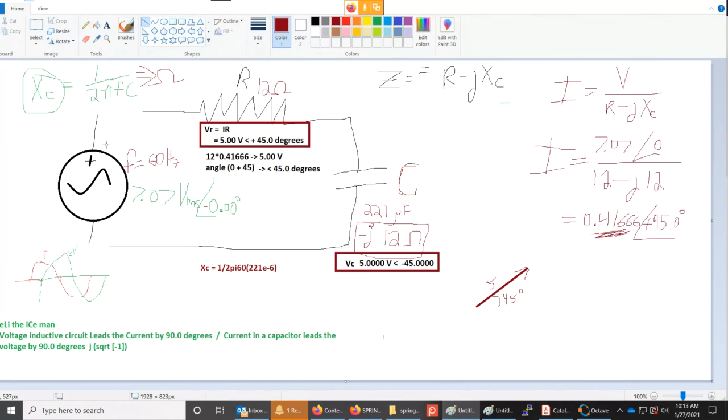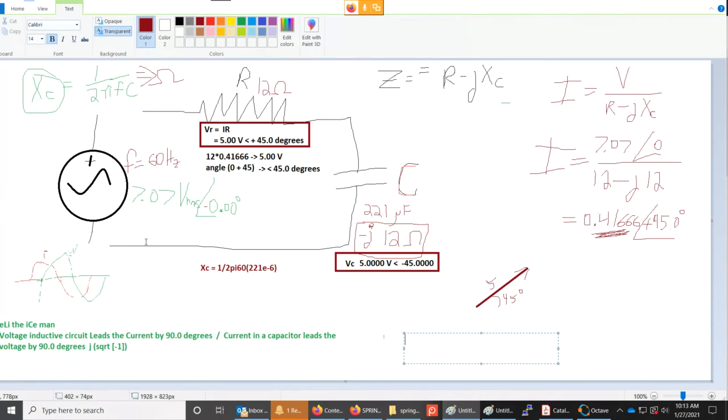And then VC. Let me write out what I'm trying to do first. We know from DC that Kirchhoff's voltage law says that the sum of the voltages is equal to 0. Another way of saying that is that the source voltage is equal to the voltage drops.